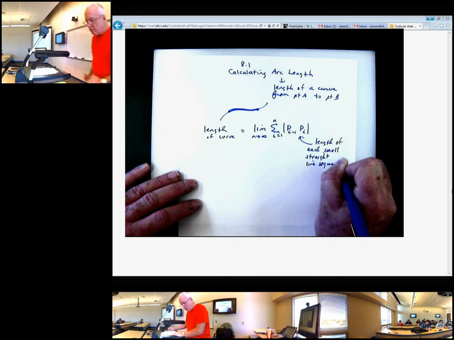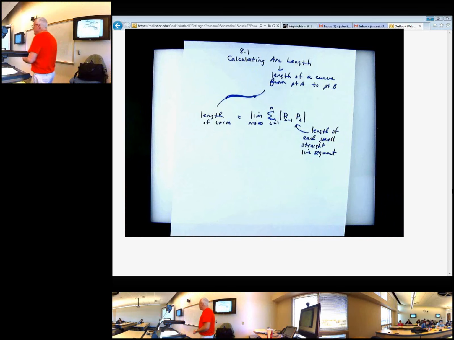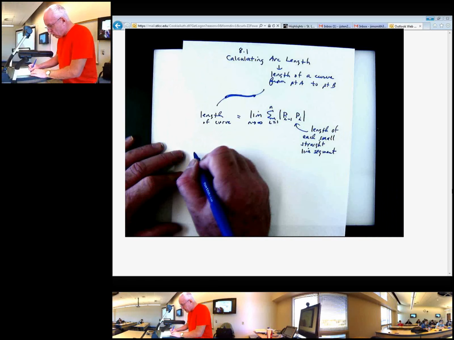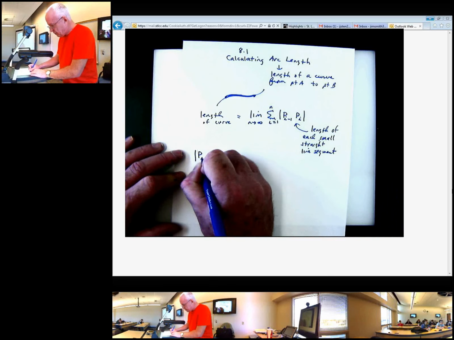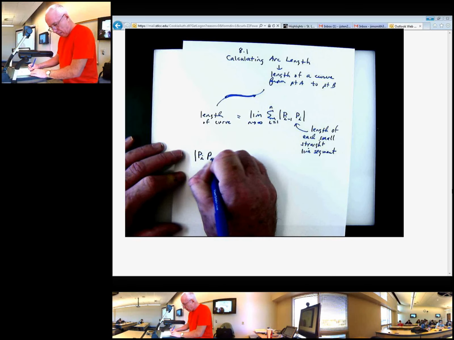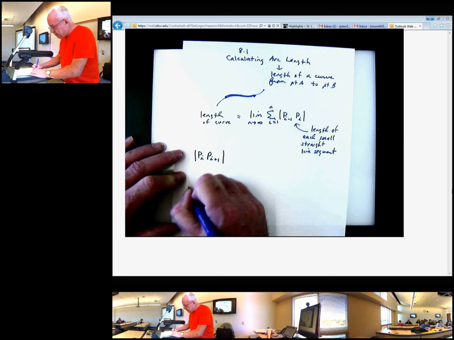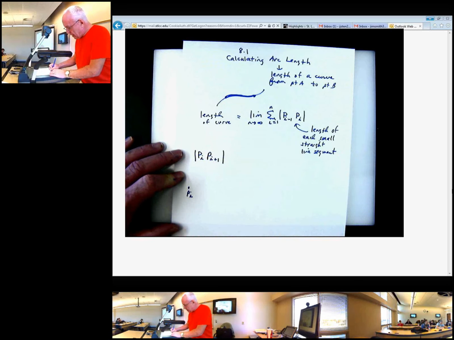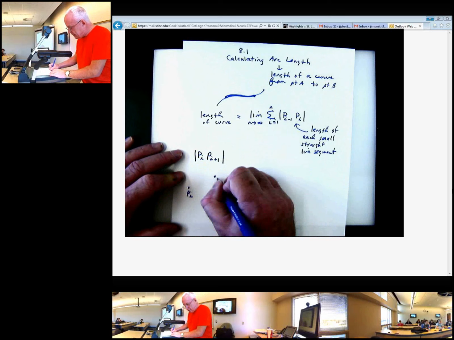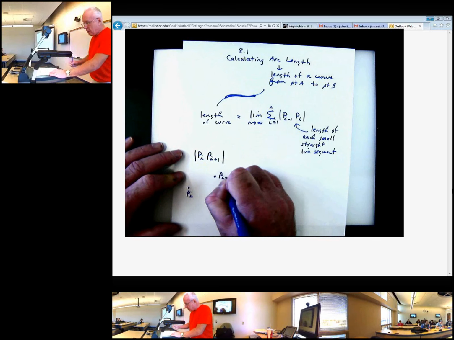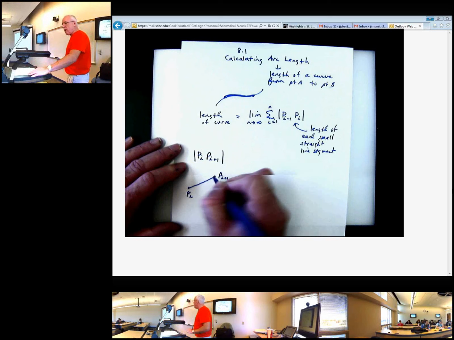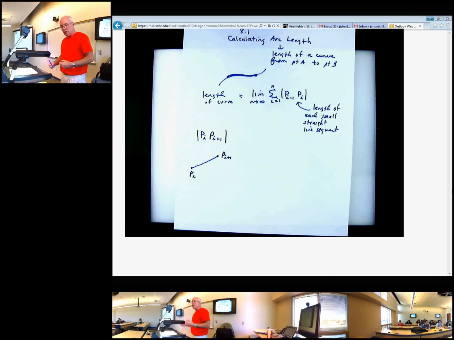We can figure out from using the Pythagorean theorem how to get the length of one of these segments. Here we have P sub i, one of the points on the line, and here we have another one, P sub i plus 1. We're joining those 2 points with a straight line to approximate the length of the curve.